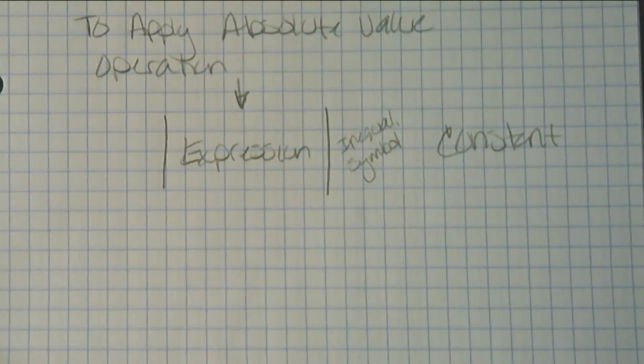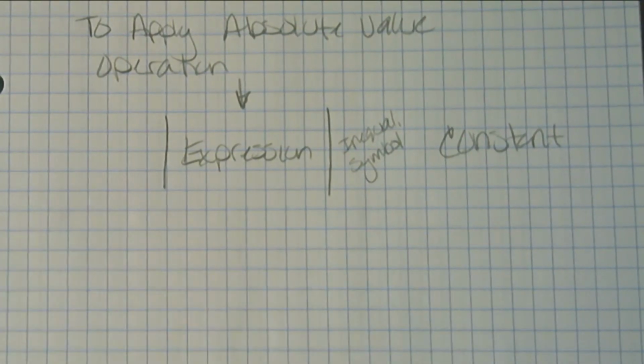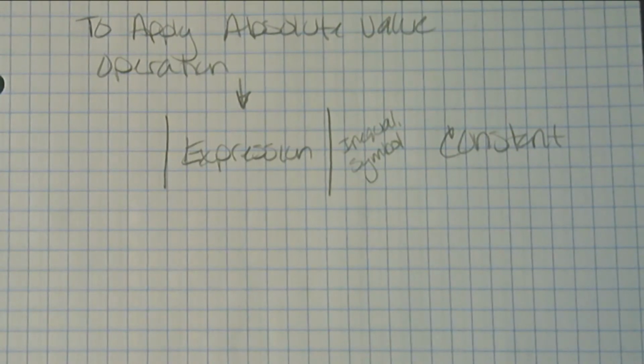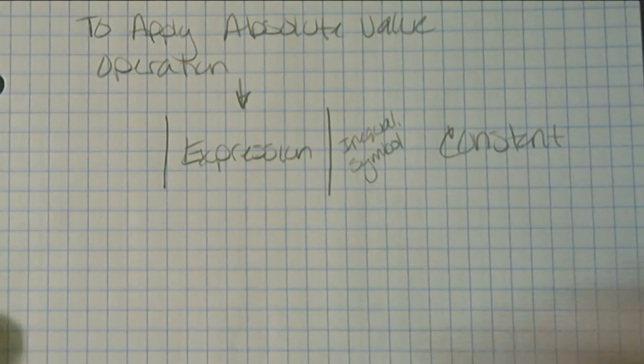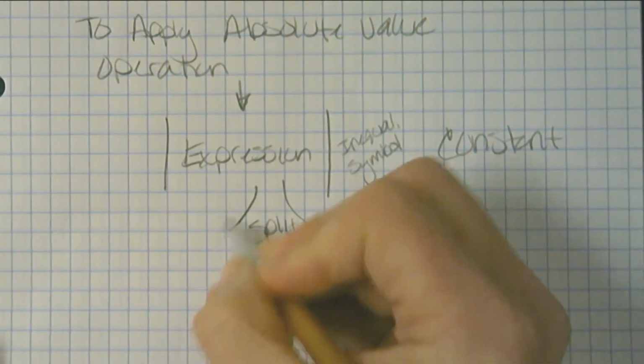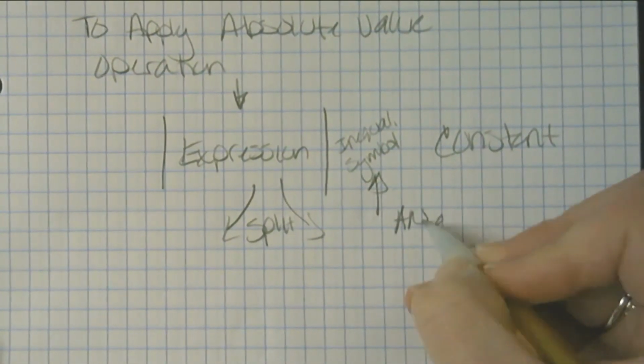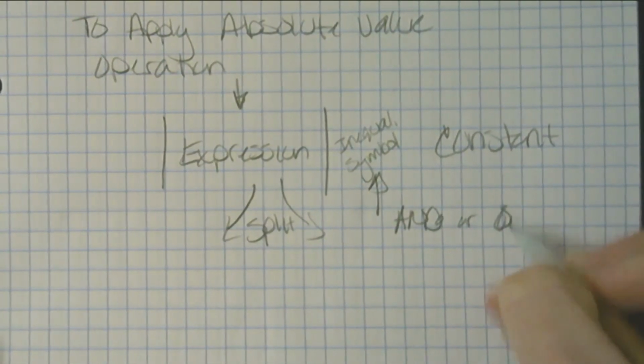That's what it needs to look like. So I'm going to give you a couple that I want you guys to do. I need to make sure that this is the order in which you have it to then be able to split it. Because from here, we split. And we need to determine if it's an and or an or from here.